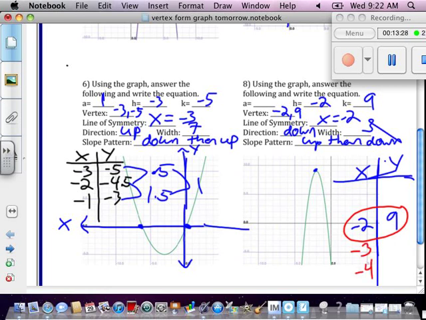When I look at negative 3, I go over 1, 2, 3, go up to 5. When I go to negative 4, I'm at negative 5.